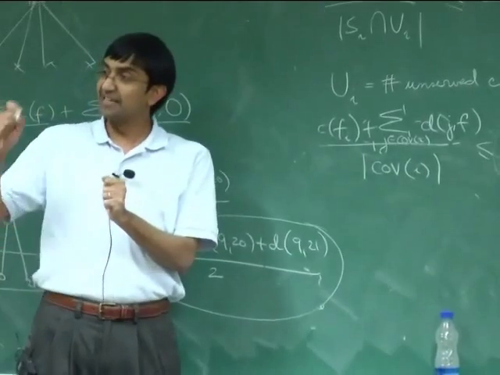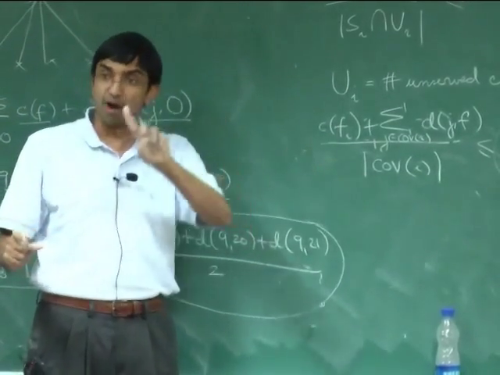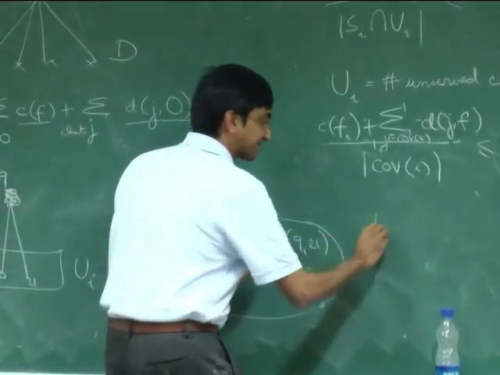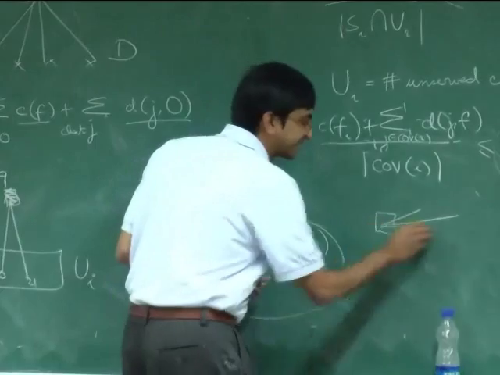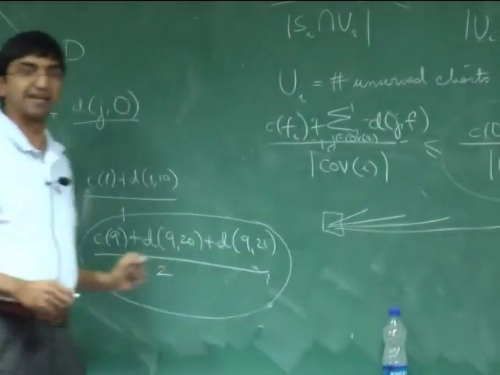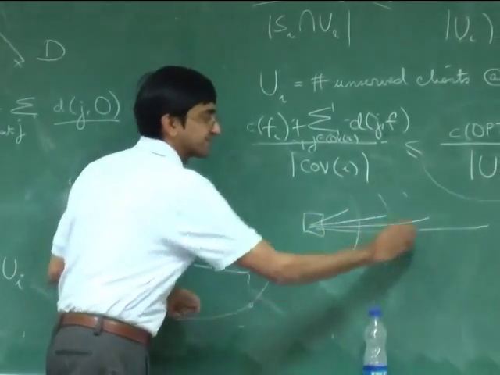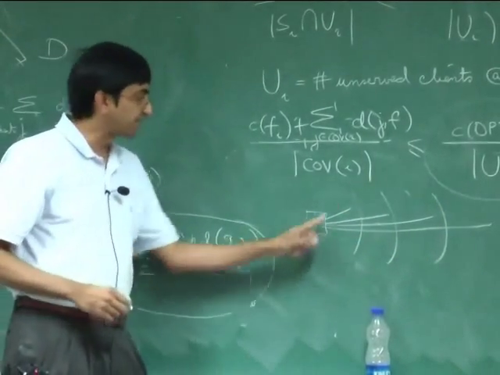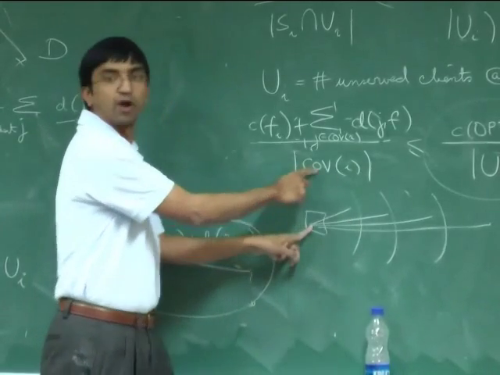So finally, the facility which gives you the best ratio is the one that minimizes this: you take the facility, pay the cost, and sort everybody in UI in increasing distance from it. And you take every possible prefix. If you take the prefix of the first client, you pay the cost of this facility plus this distance, divided by 1.